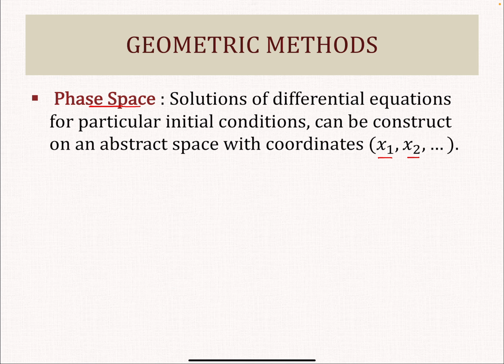When we make a system like this and represent it, x1 is a state variable of the system and x2 is a state variable of the system. Such a graphical representation or space we can call a phase space.